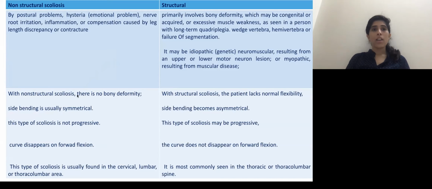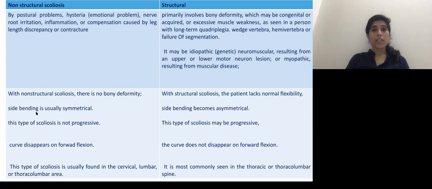Mainly with non-structural scoliosis, there will be no bony deformities, whereas in structural scoliosis, the bony deformities are prominently seen. Then there will be no normal flexibility seen in the patient.